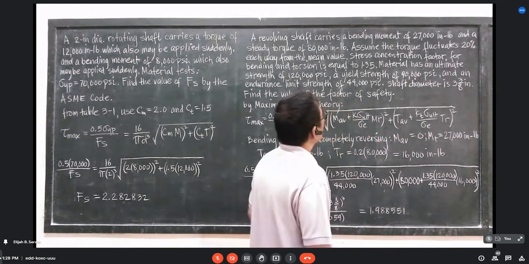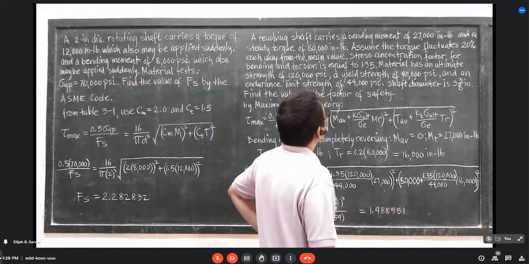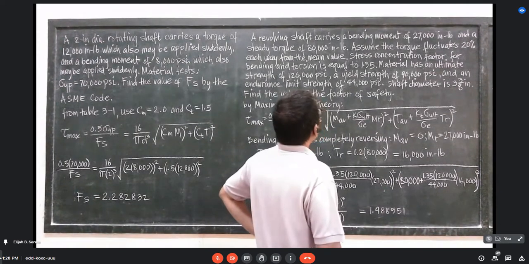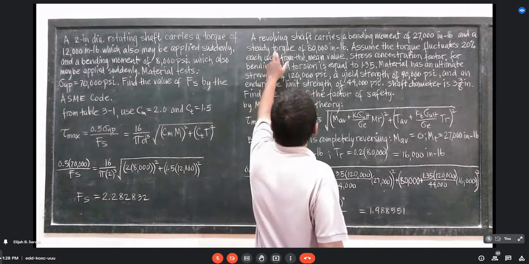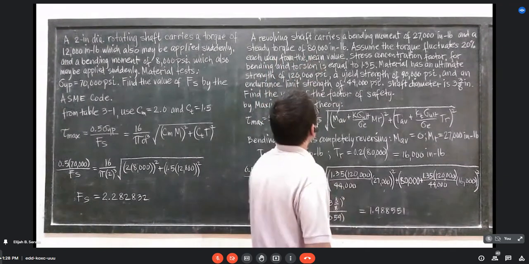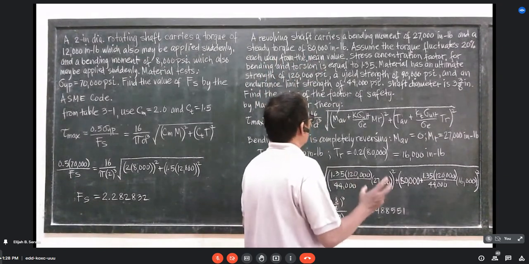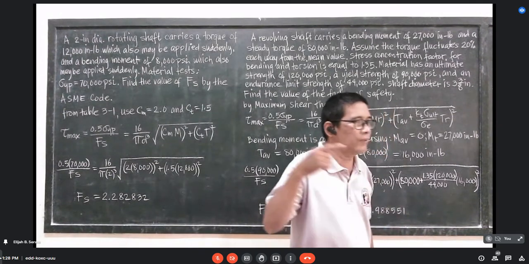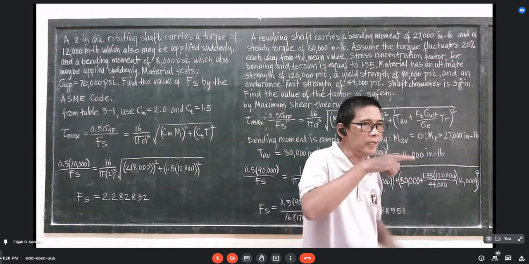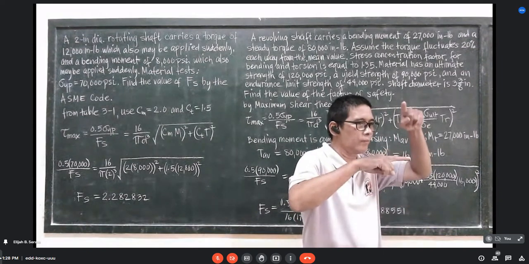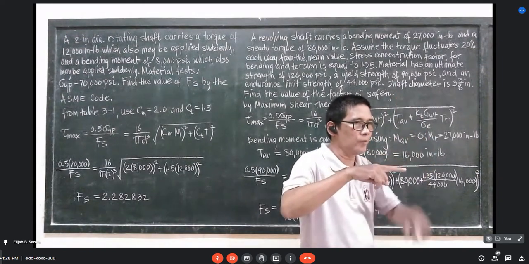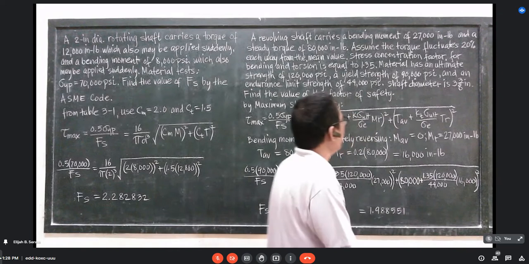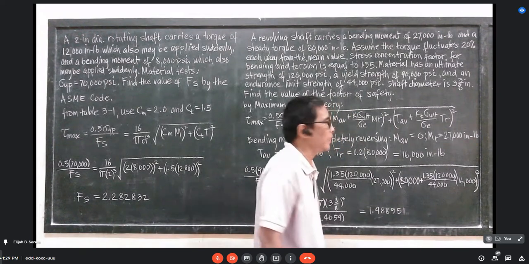Now, for the torque, it is given that the steady torque is 80,000 and fluctuates at 20%. So which means your average is actually the 80,000 and then it fluctuates 20% of that from the top, no? So that is your range. The fluctuation is your range.